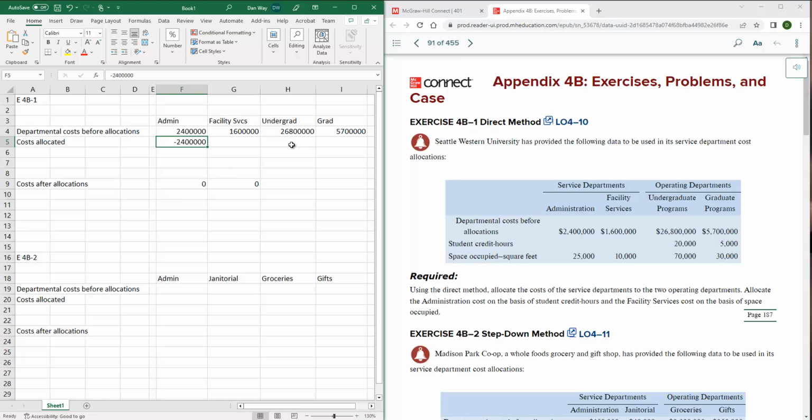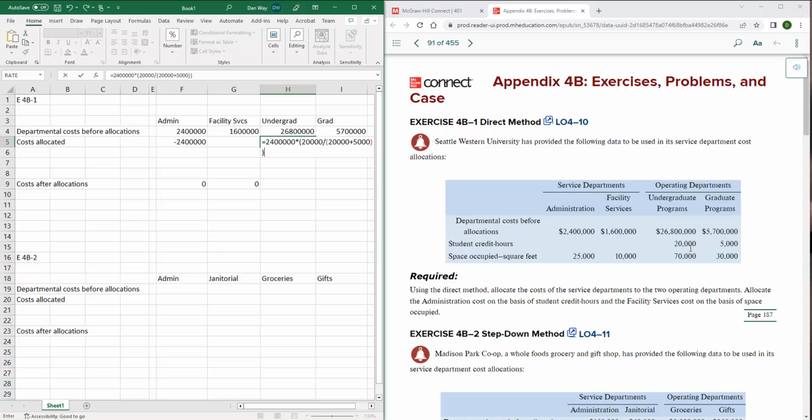Okay, so let's allocate the administration costs here. That's $2,400,000 in total. And again, we're going to be allocating those on the basis of student credit hours. So here for the undergrad program allocation, I'll take the $2,400,000 times the relative portion of the student credit hours that were used or needed by the undergrad programs. So that's 20,000, as we can see in the table there, divided by the total student credit hours across both operating departments.